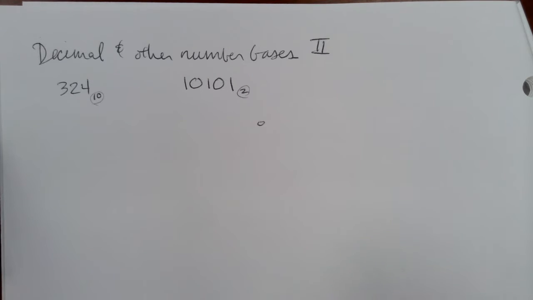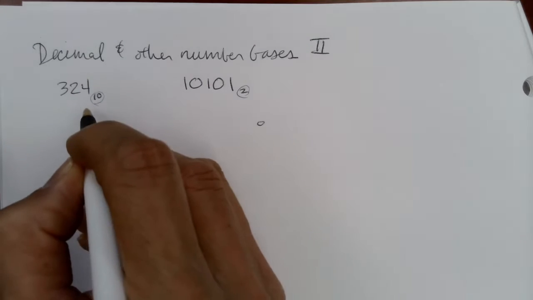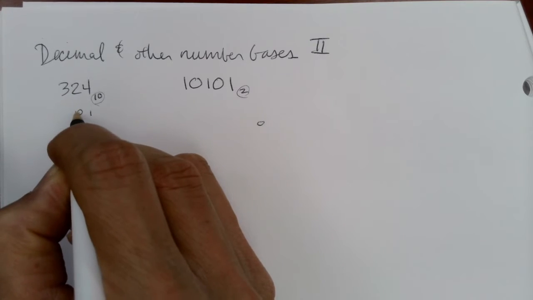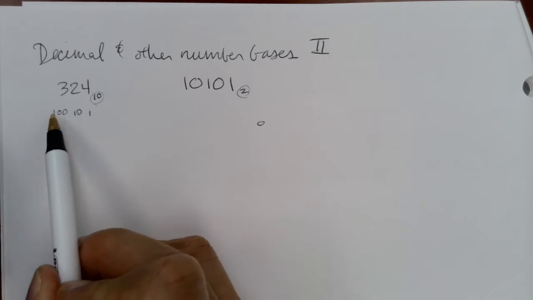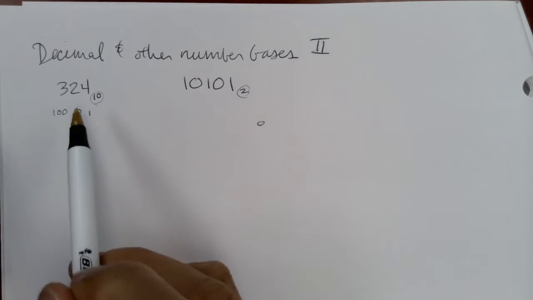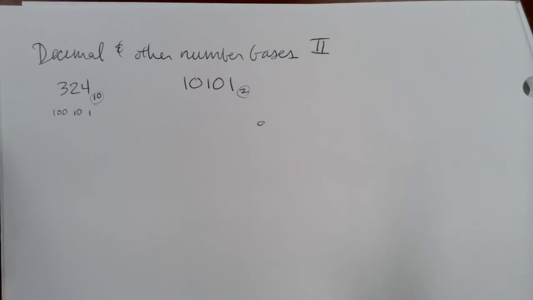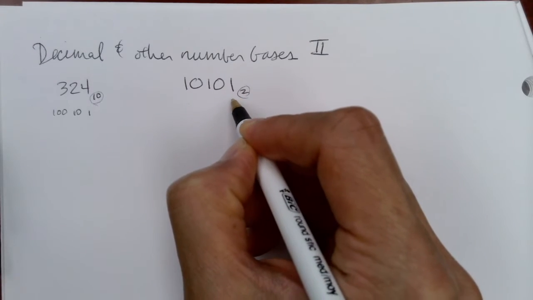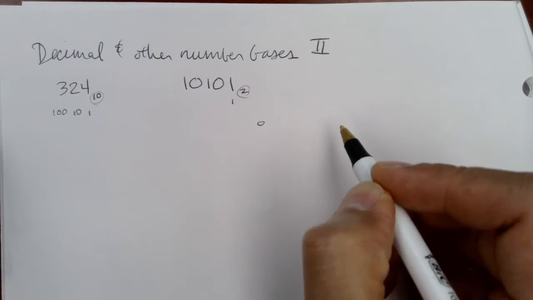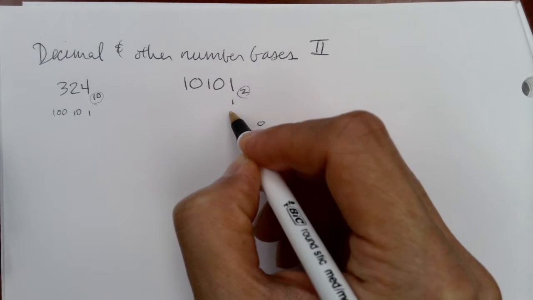So this is binary, and to go from binary to decimal, we need to remember that just as in the decimal system, where each position designates a power of the base, so in decimal we have ones, tens, and hundreds. In base 2, we've got powers of 2, and the ones digit is always 1 for reasons that you'll learn later.